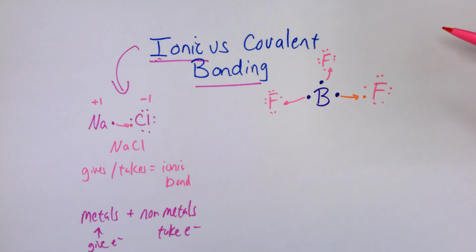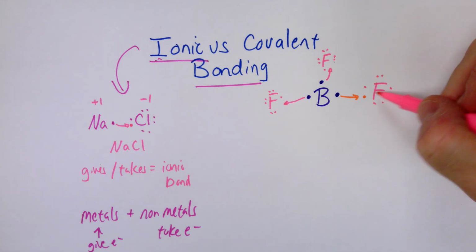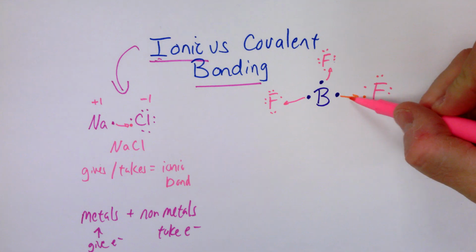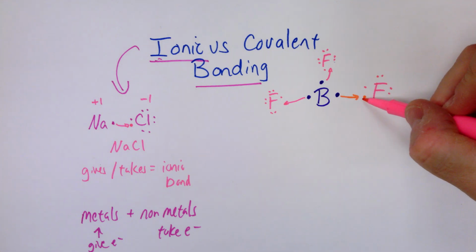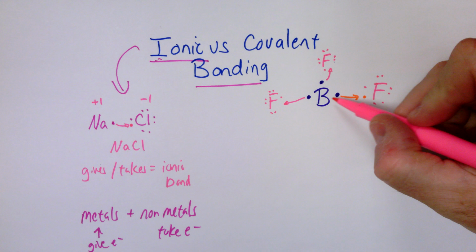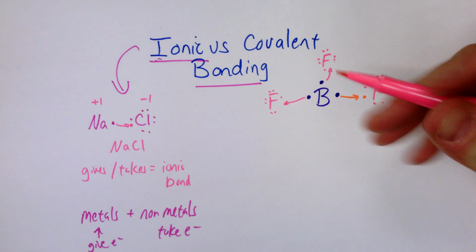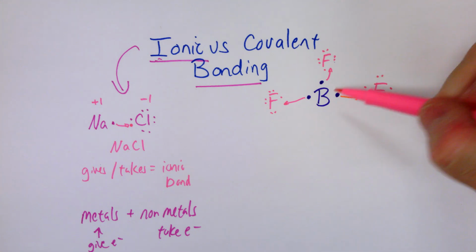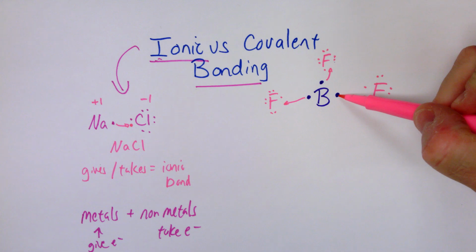So we've got a conundrum here. Fluorine desperately wants that electron, but it can't take it from boron. Boron really would like to give it up, but it can't give up the electron because its protons hold on to those electrons so tightly because they're only in the second energy level.